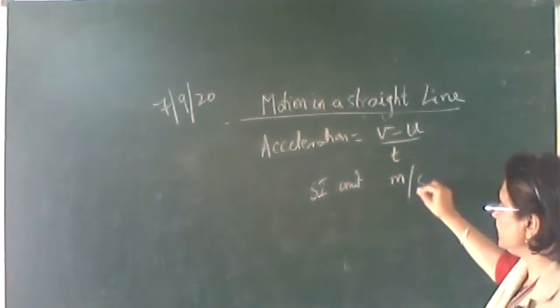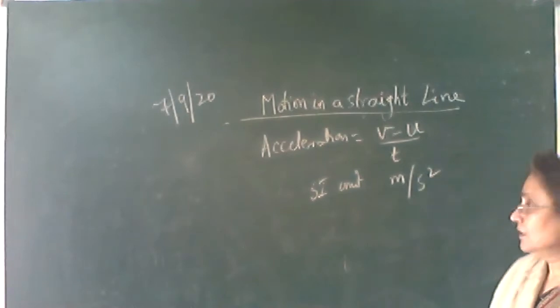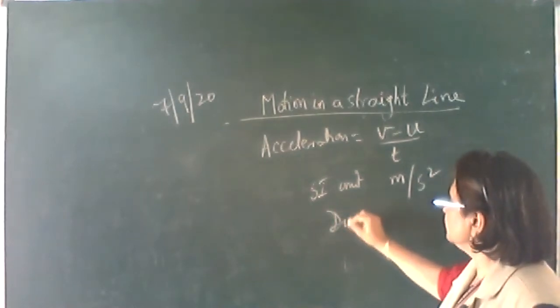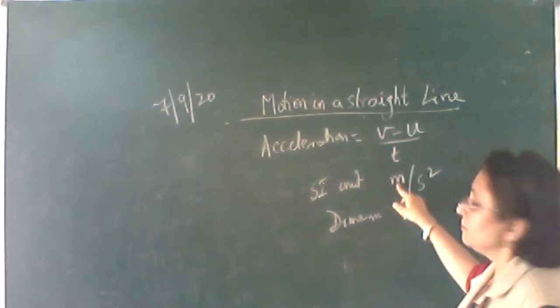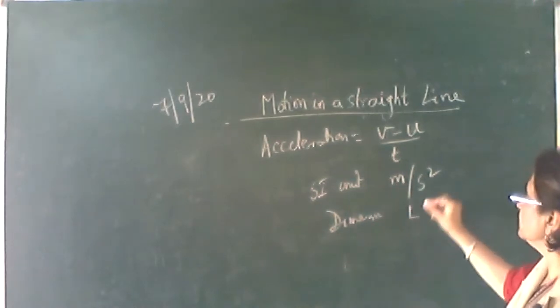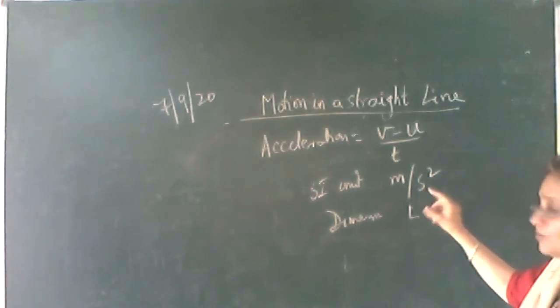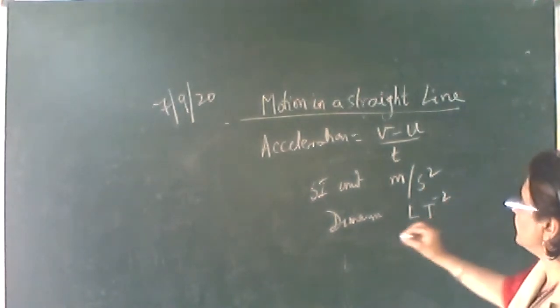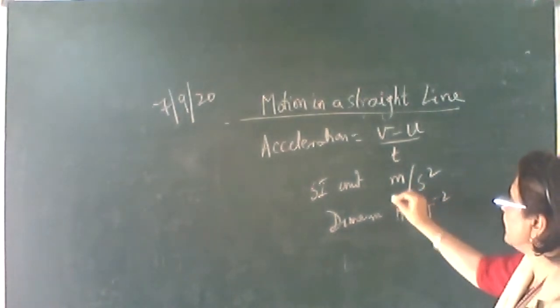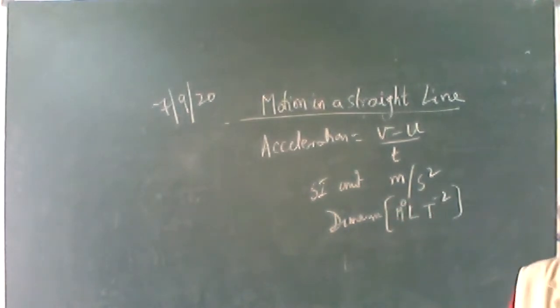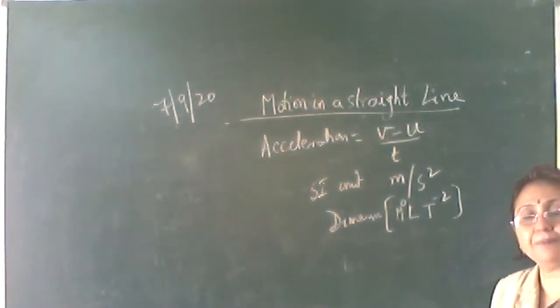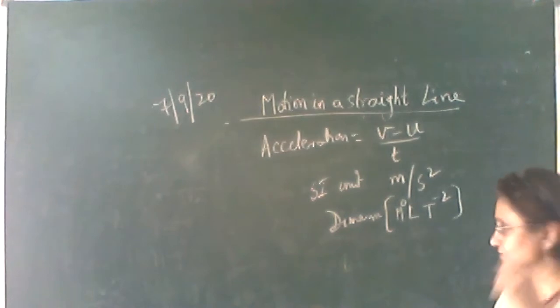So this will be meter per second square. Dimension: meter is for length upon time square, so LT raised to the power minus 2. And if we have to write the dimensional formula, M raised to the power 0, L raised to the power 1, T raised to the power minus 2.